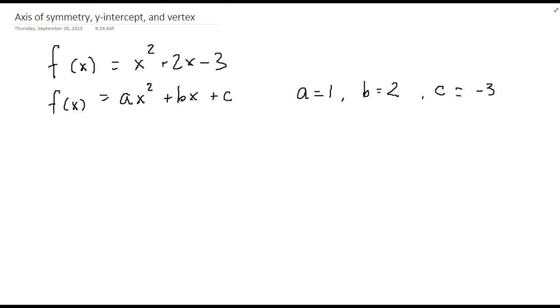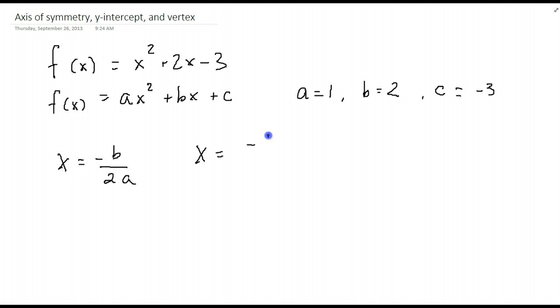Okay, so there's an equation where we can find the axis of symmetry, and that equation is x equals the fraction -b over 2a. So we take the a, b, and c that we determined from our function and plug them into this equation. So x equals, the numerator would be the opposite of b, and we said b was 2.